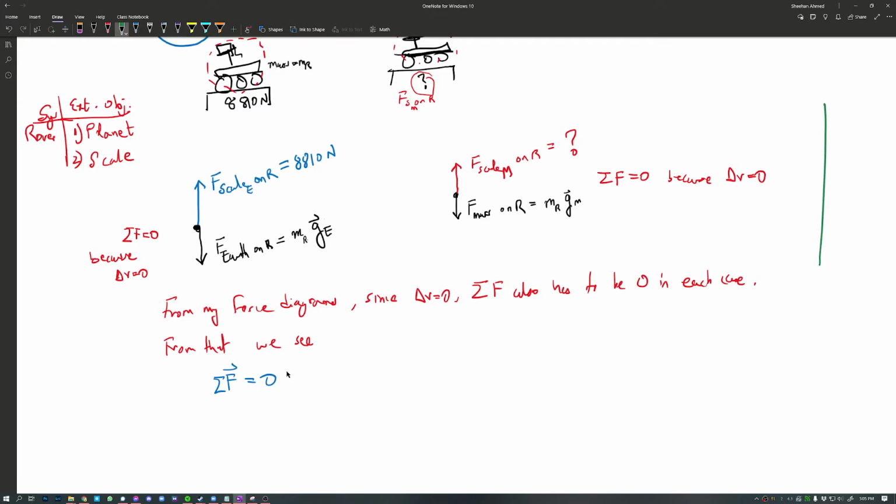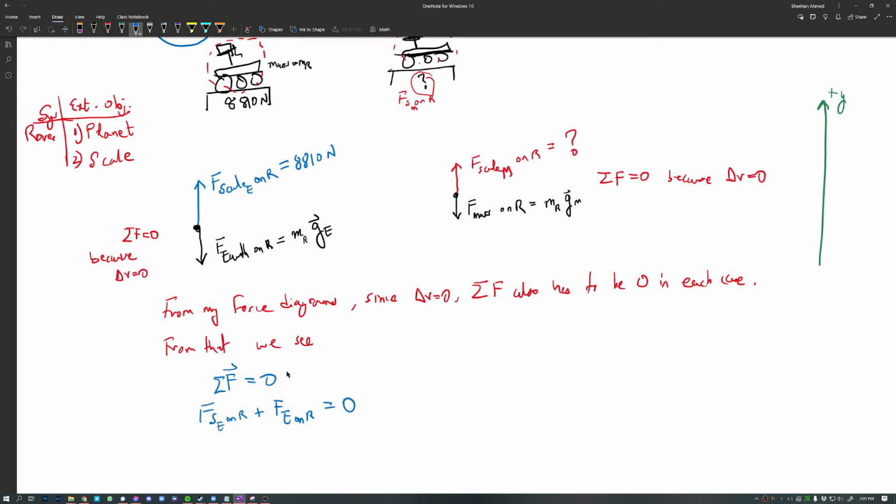Why not do the easy thing and call this positive y, and that's negative y. Sum of forces equal to 0. So I get the force that the scale on Earth exerts on the rover, plus the force that the Earth exerts on the rover, has to sum up to be 0.